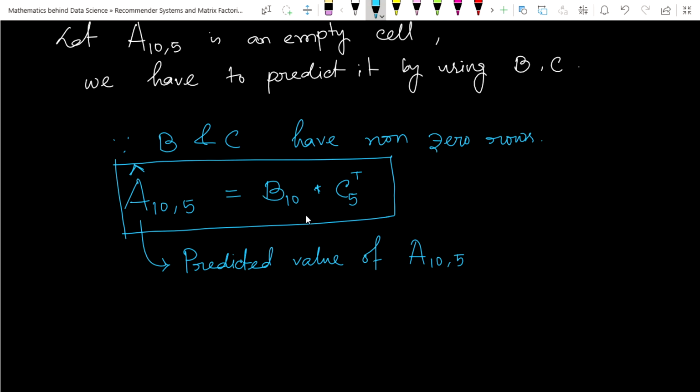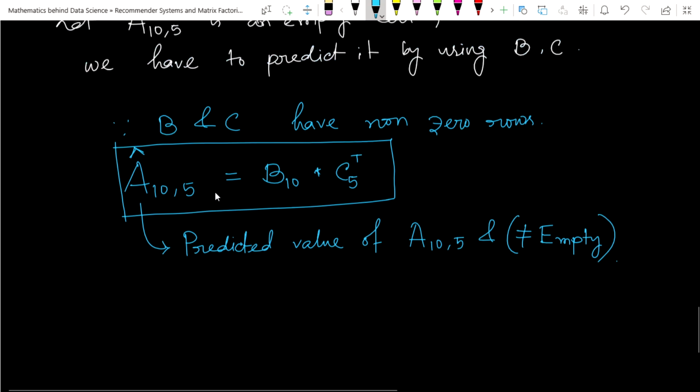We can easily do this job. That's the job that we have to do here, finding the empty cells in A. This is the predicted value of Aij, and it's not equal to empty. I think you got the idea how to predict this value.